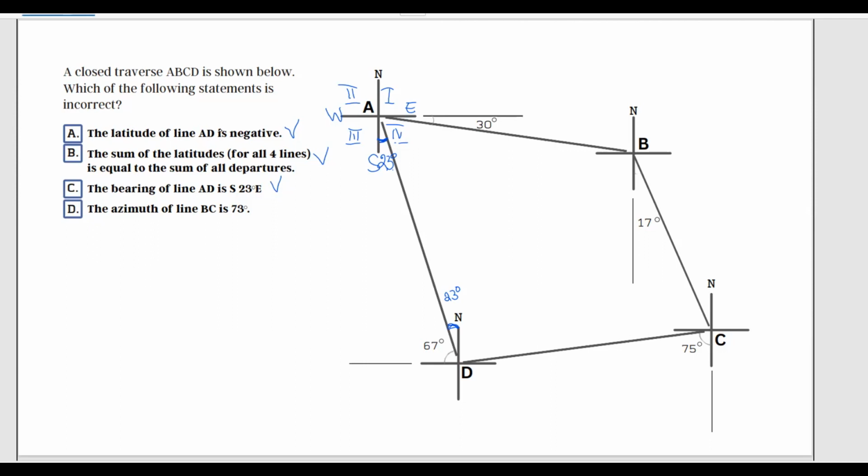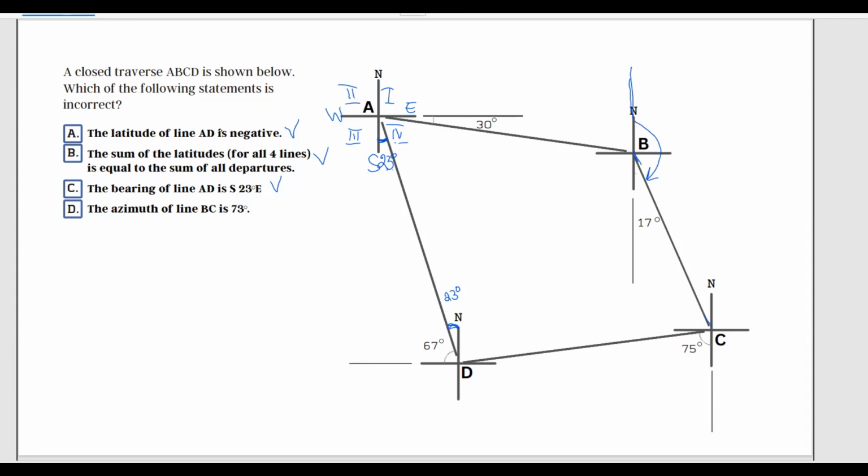Let's look at the D statement. The azimuth of line BC is 73 degrees. Let's go and find BC. So this is BC. And the azimuth, remember we talked about azimuth: you start to measure the angle from the north all the way to your line.